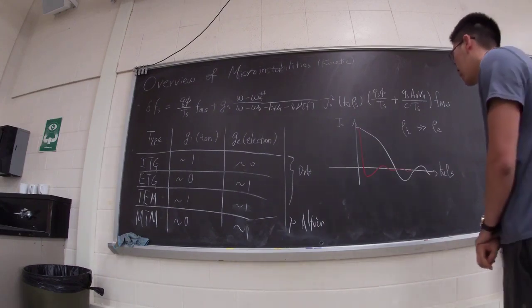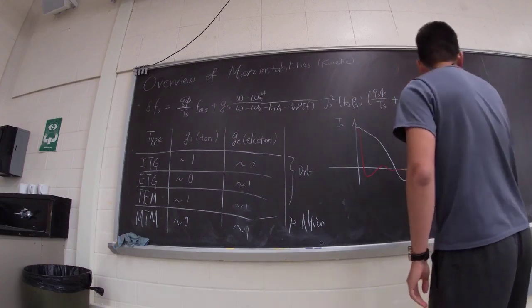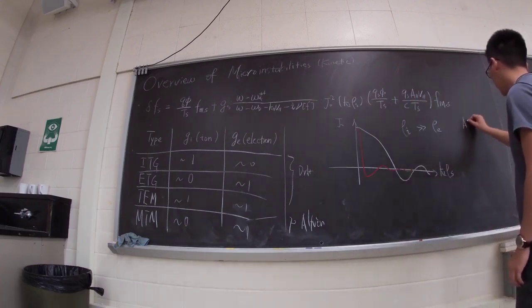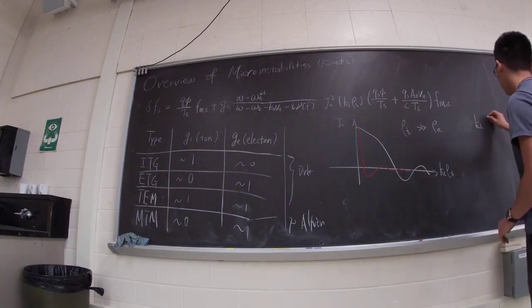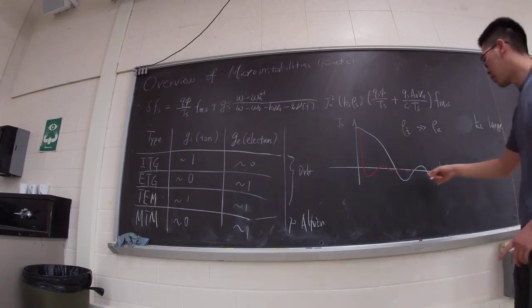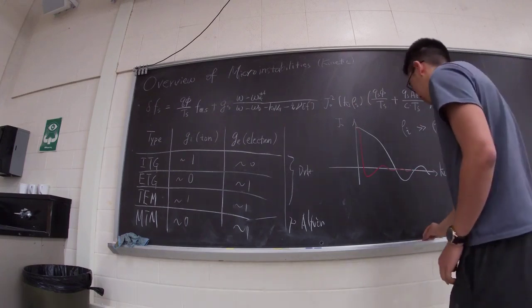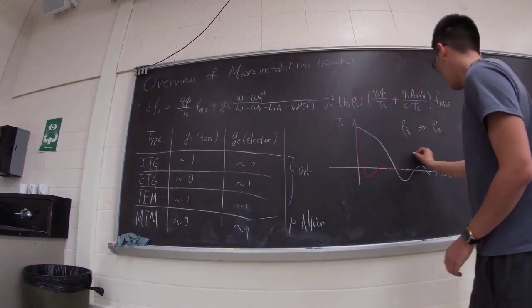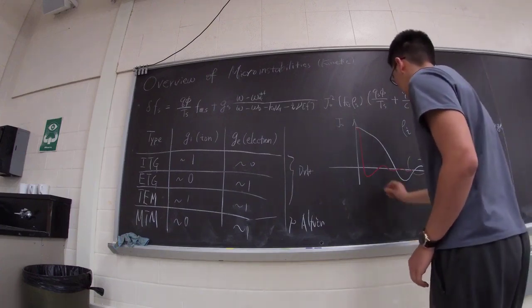So we can think, at a high k perp, that is when k perp is large only. See, this is ion.